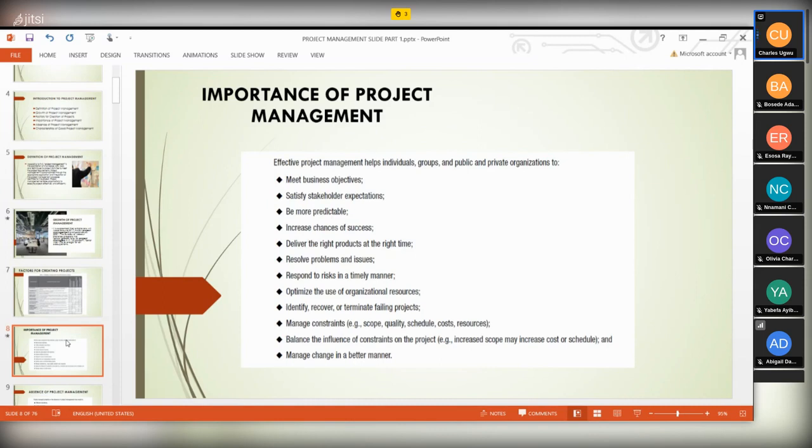Now, respond to risk in a timely manner, which I've just said. Minimize the use of organizational resources. As a good project manager, you must utilize your resources very well. For instance, if 5,000 pounds is approved for you to build a company website, you must make sure that you don't exceed that 5,000 as a good project manager.